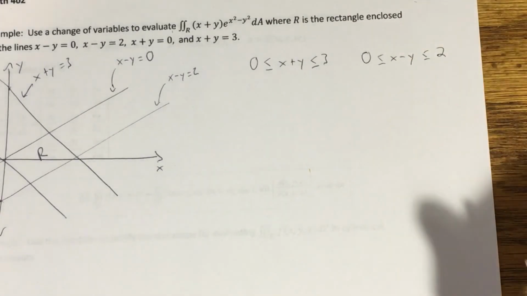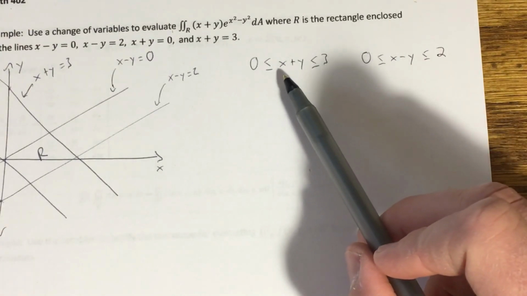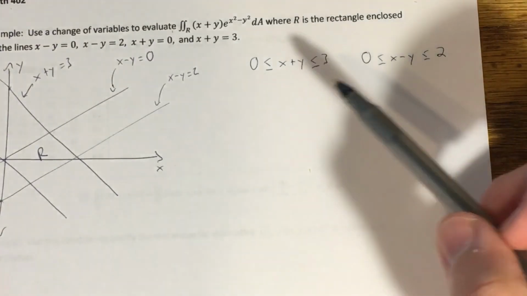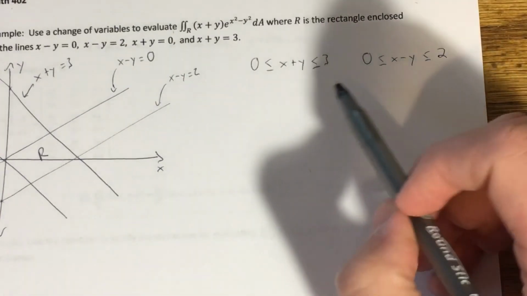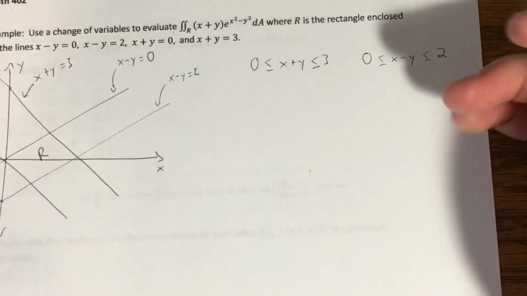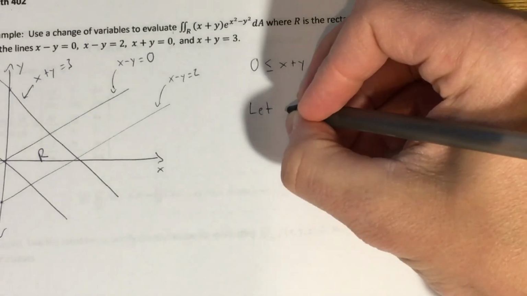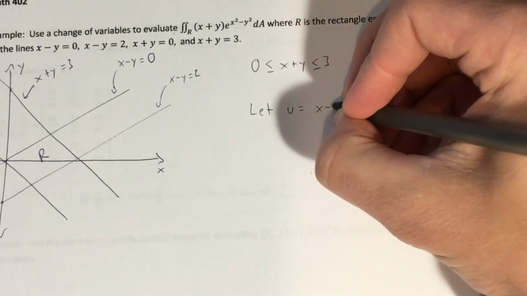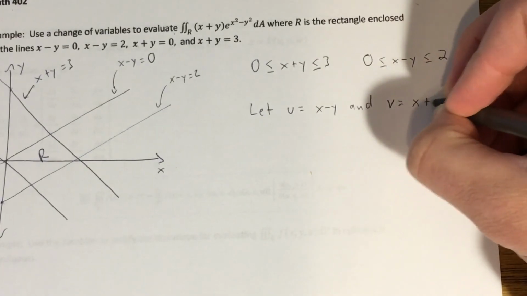And this suggests what I should use for my variable substitutions. It would make sense to have u. Actually, I think when I did this before, I swapped the two. So I'm going to call u x minus y and v x plus y, and you can call it either way. It doesn't really matter. I'm going to say let u equal x minus y and v equal x plus y.